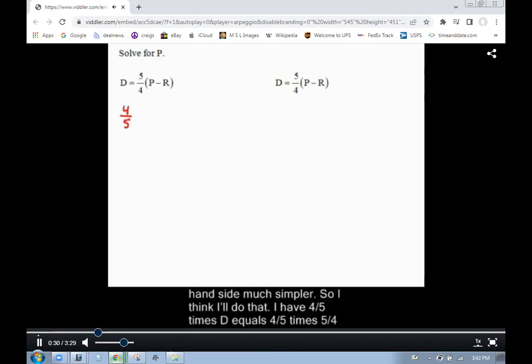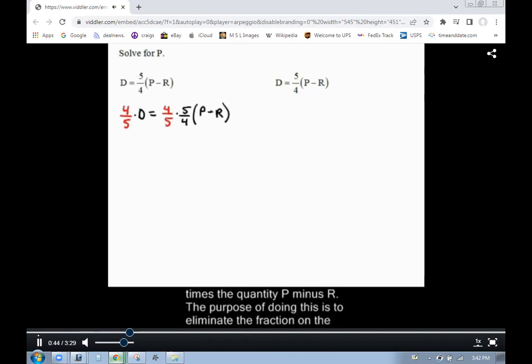I have 4/5 times d equals 4/5 times 5/4 times the quantity p minus r. The purpose of doing this is to eliminate the fraction on the right-hand side.